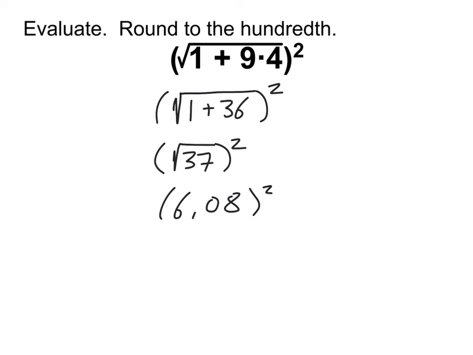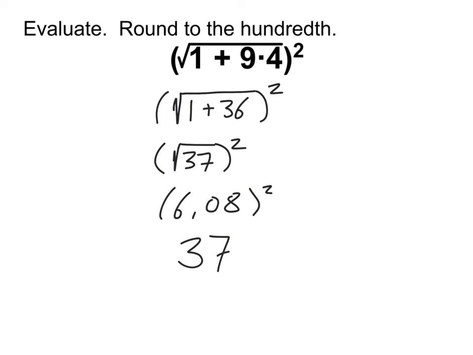Once I have that, on your calculator, you press the squared button. It'll usually show up on the calculator as x squared. And when you press that, it should give you 37. Now, why does it give us the exact same thing out? Because remember what square root means.